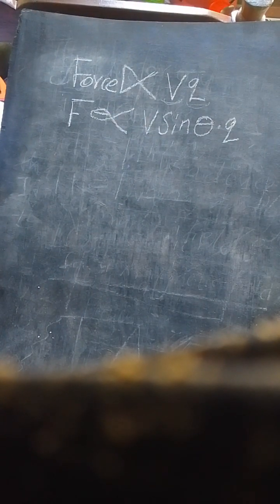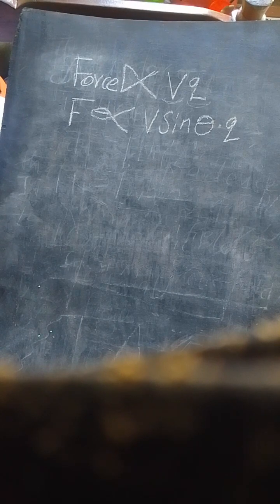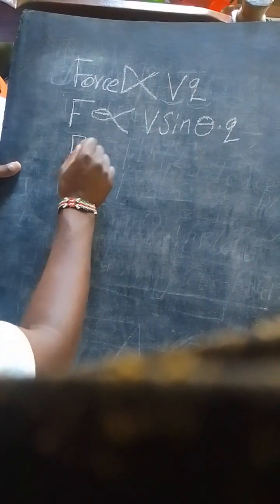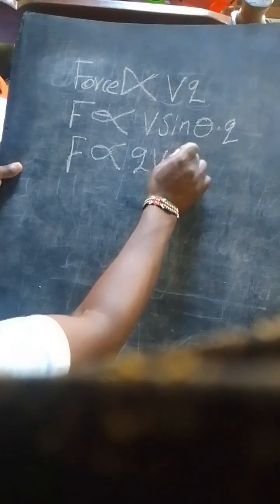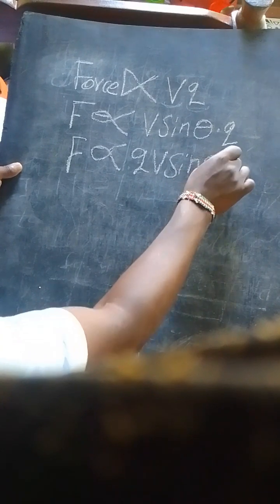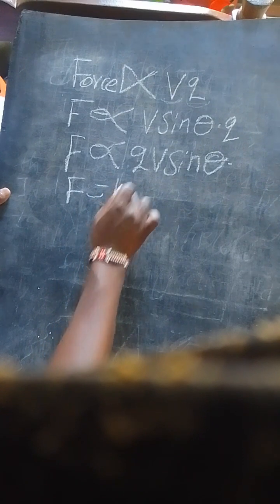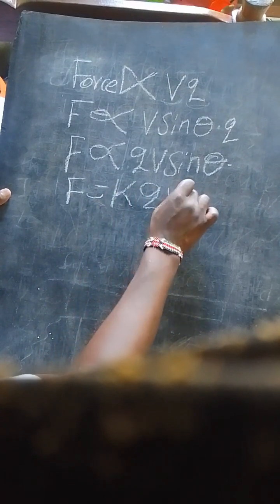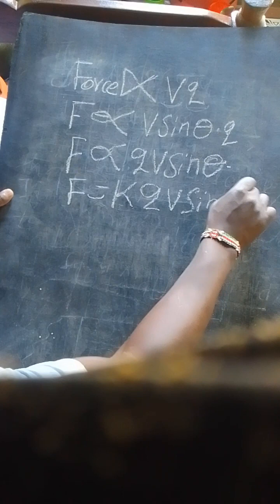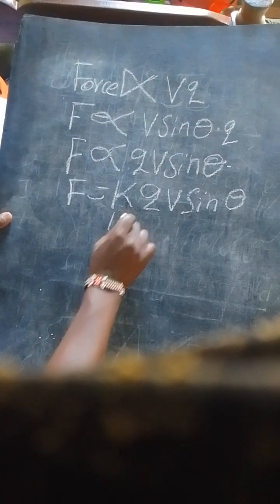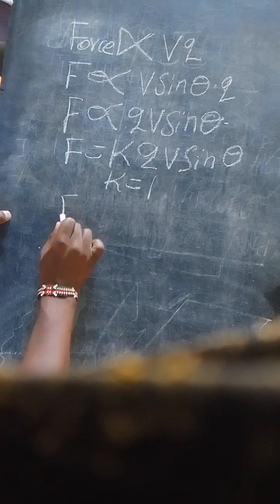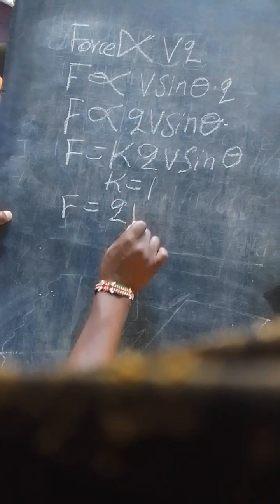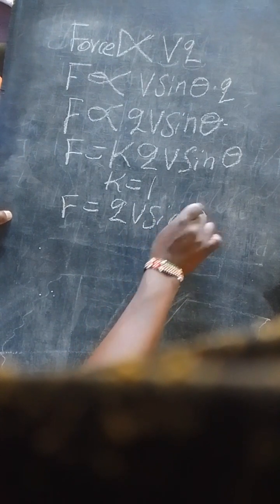Now this means that if I rewrite this, it will be equal to QV sin theta. This can be equal to K QV sin theta. But K is a constant, and K is normally equal to 1. And therefore, if we place 1 here, the force will be equal to QV sin theta.